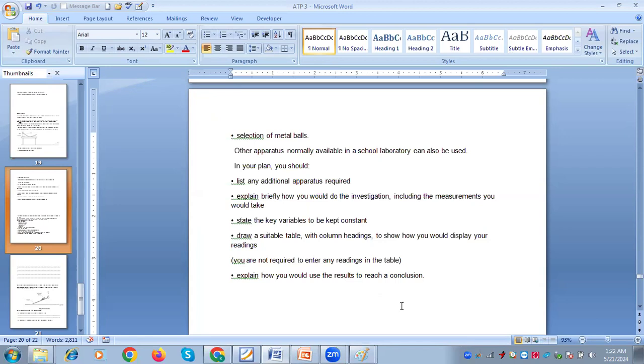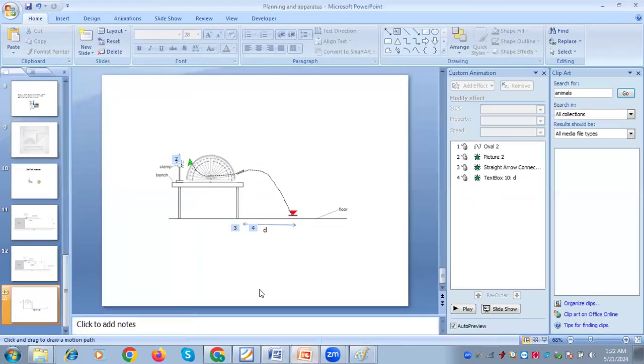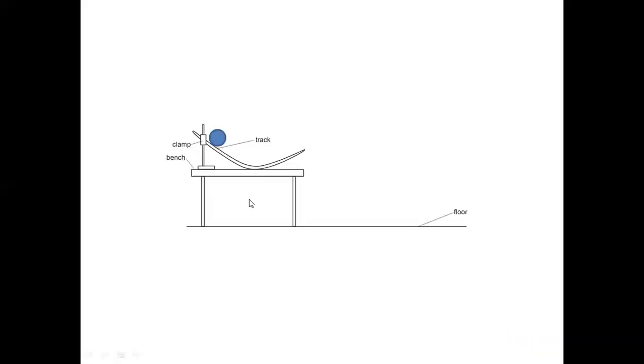Let us have a look at the diagram once again. So if this is the greater angle, what may be the chances? The D will decrease. Okay, so this kind of relationship you can guess for the results.